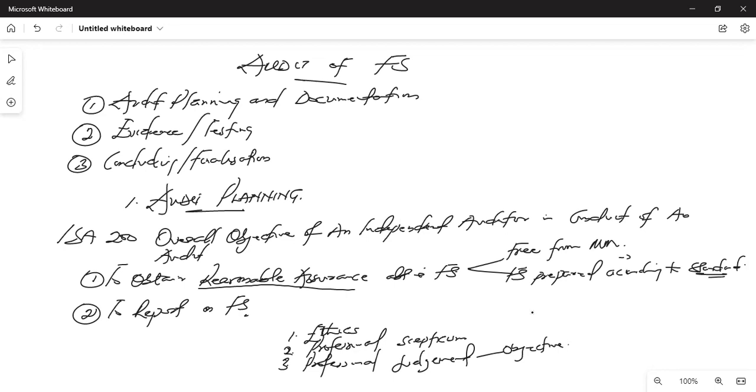He has to be objective, straightforward. And that is how he can achieve this objective. The last thing we mentioned was sufficient and appropriate evidence.